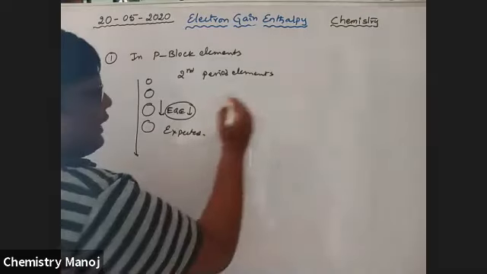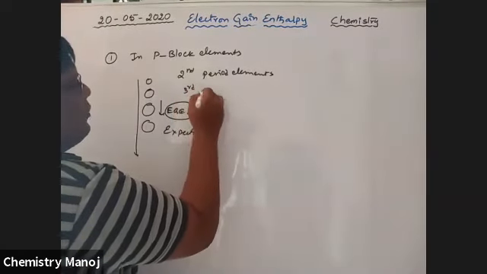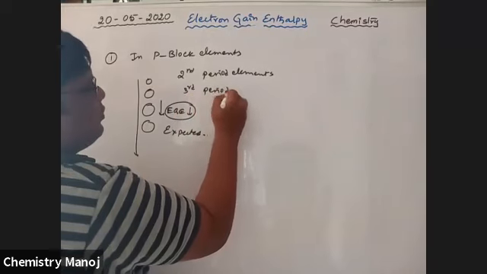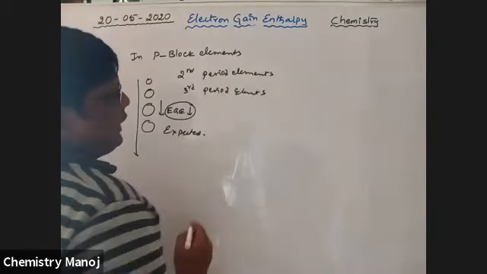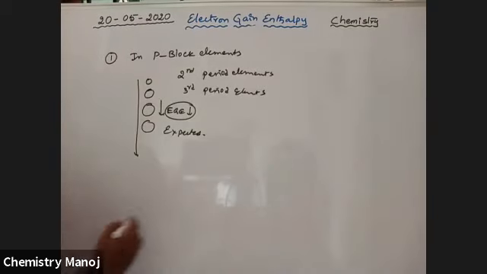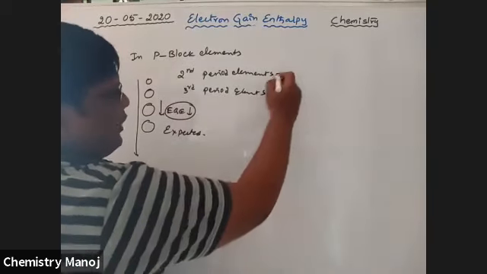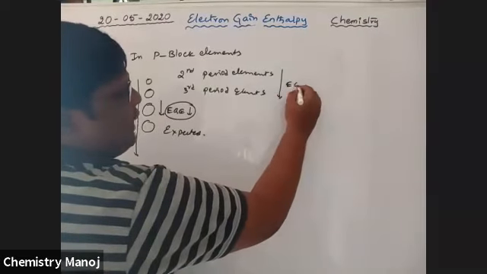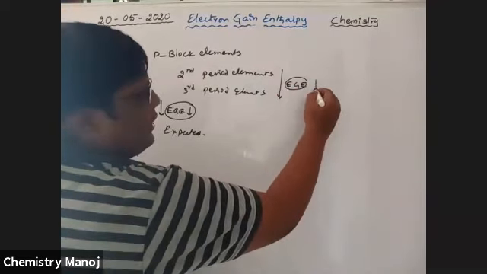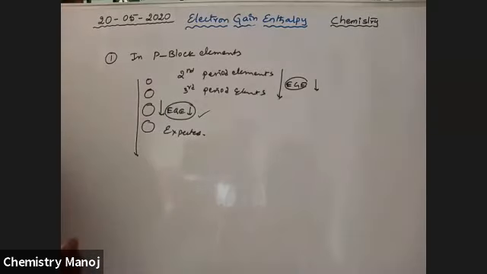When comparing second period and third period elements, from top to bottom, what we expected is that electron gain enthalpy decreases, just like in a group.